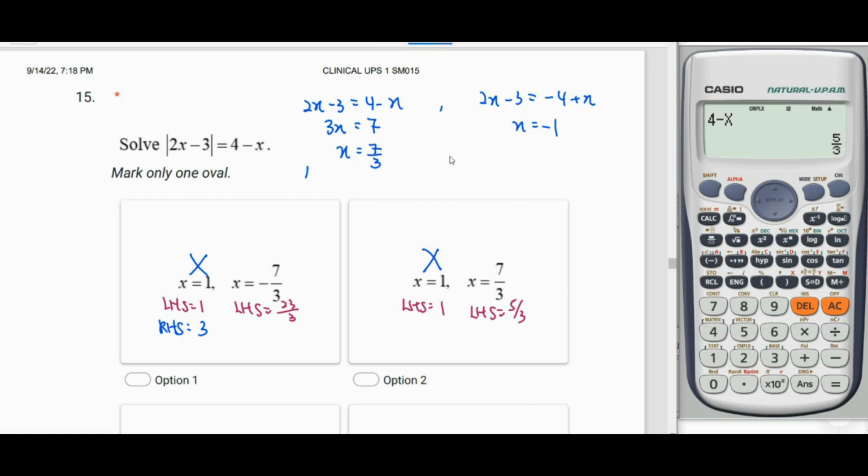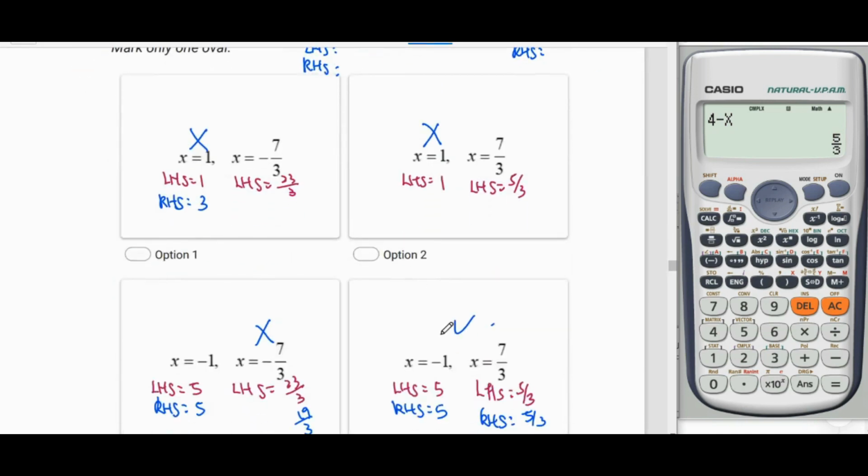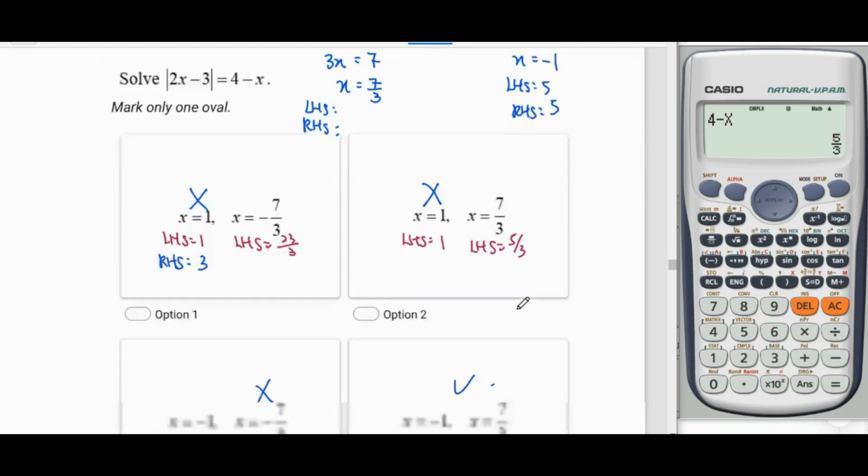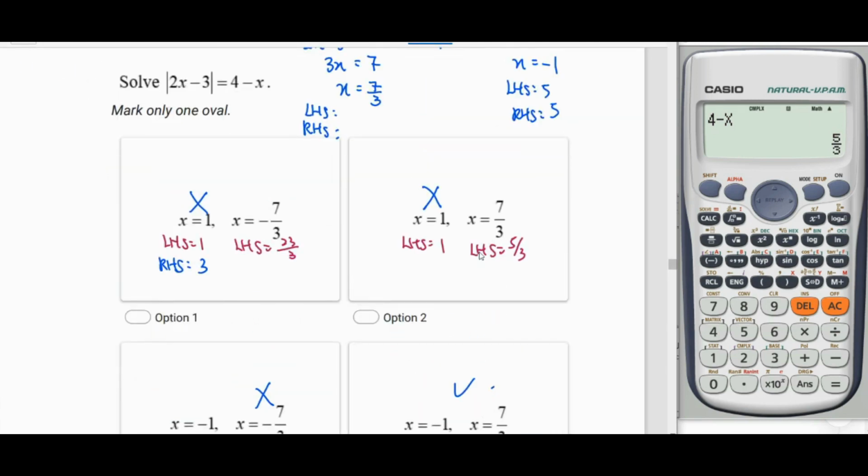Then for these two answers, you need to check left hand side and right hand side, is it the same or not? Just repeat the same thing as what I have done just now. So both x values can be the solution.